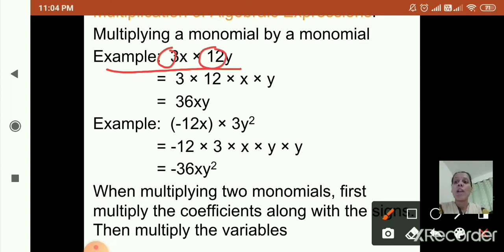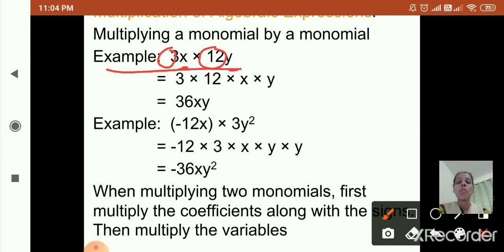So first multiply the coefficients along with their signs, and then multiply the variables. The variables are x and y. In an algebraic expression the numbers are called coefficients or constants, and the letters we use to write the expression are called variables.